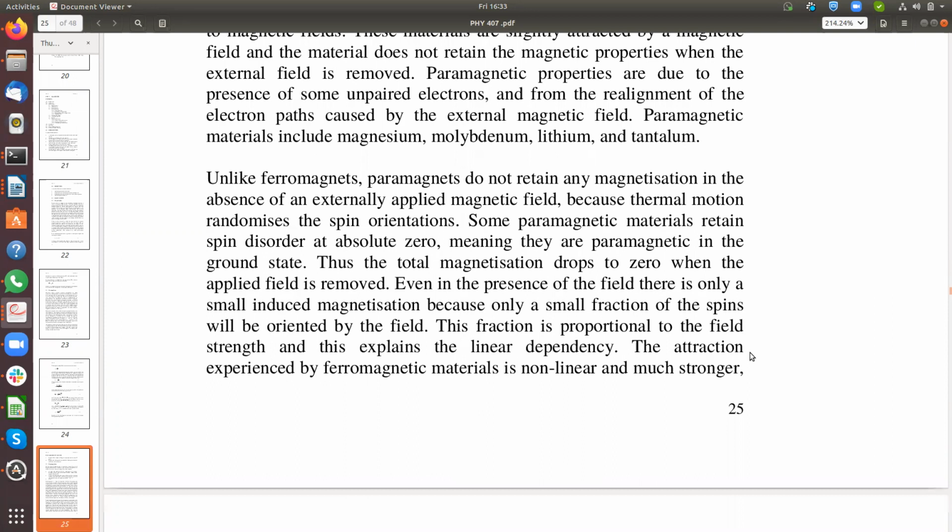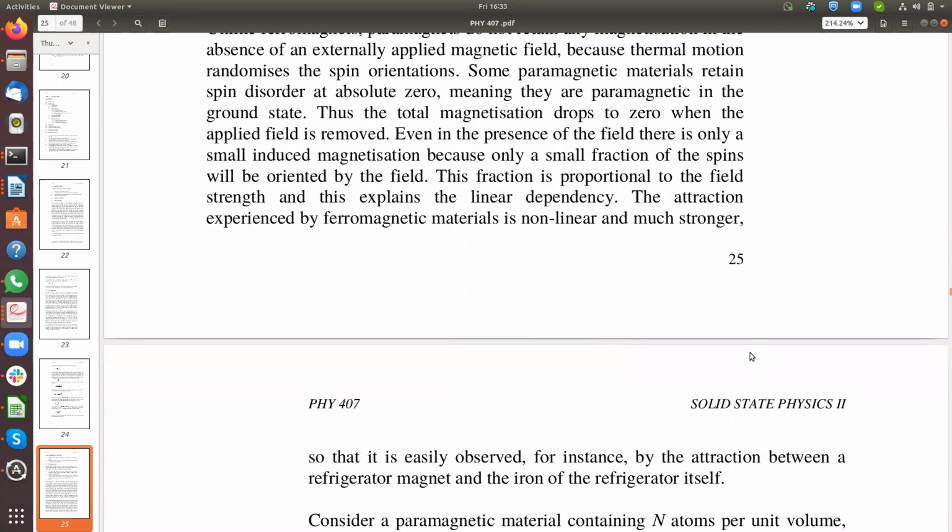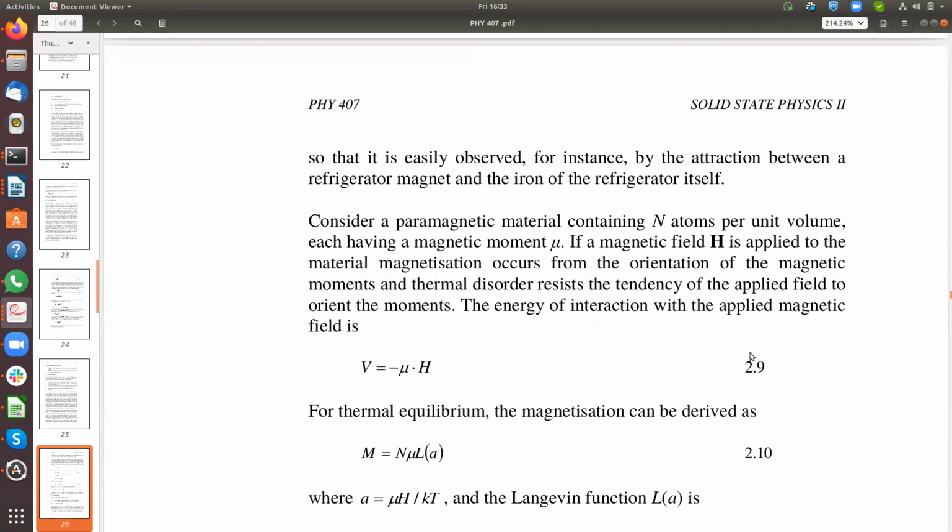The attraction experienced by ferromagnetic material is non-linear and much stronger, so that it is easily observed, for instance, by the attraction between a refrigerator magnet and the iron of the refrigerator itself. Consider a paramagnetic material containing N atoms per unit volume, each having a magnetic moment mu.